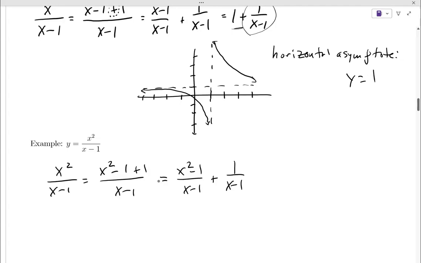Let's look at that first fraction. What can you do with the x squared minus 1? Difference of squares, right? And then what happens? Yeah, the x minus 1s go away again, right?